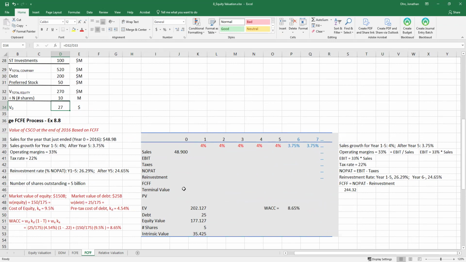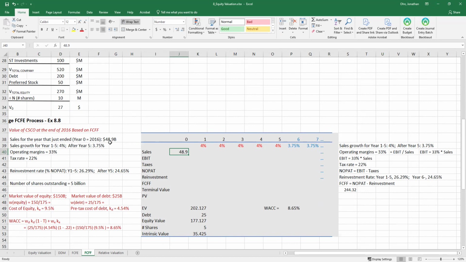This one is our case study in our textbook. Let's follow this one step by step. Okay. Cisco, the sales for the year that just ended. Again, I told you that just ended is 2016, right? Let's use that as year 0, last year: $48.9 billion.